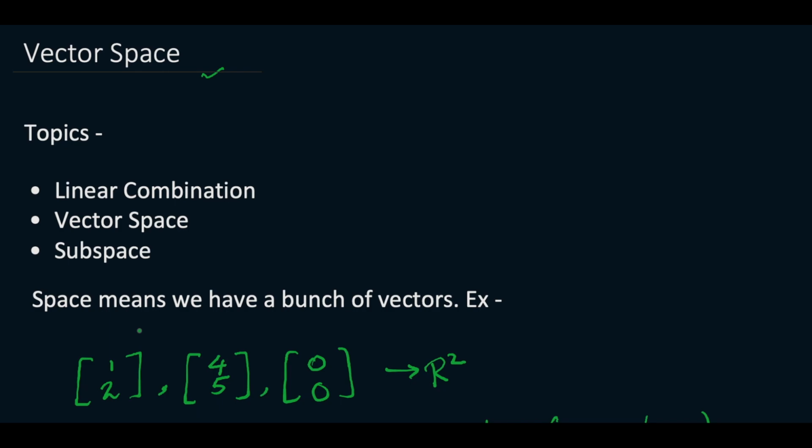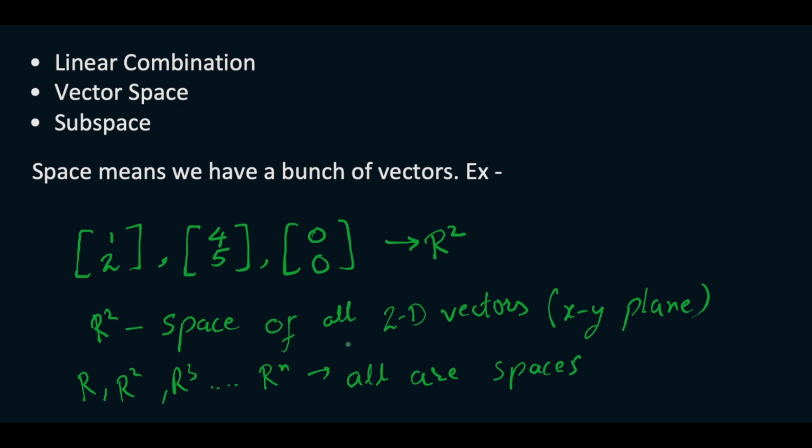Now first we should know what space means. Space means just a bunch of vectors. For example, R square is a space of all the 2D vectors. Similarly, R is the real numbers, R square will be the xy plane.